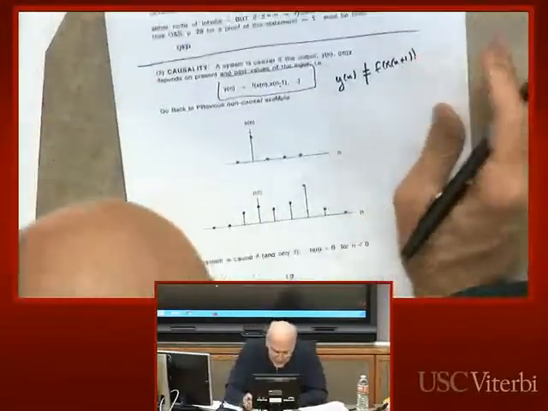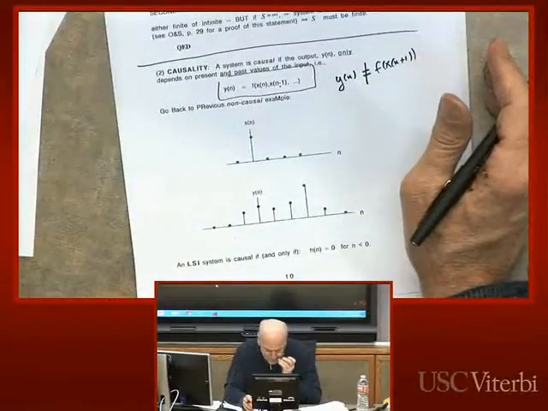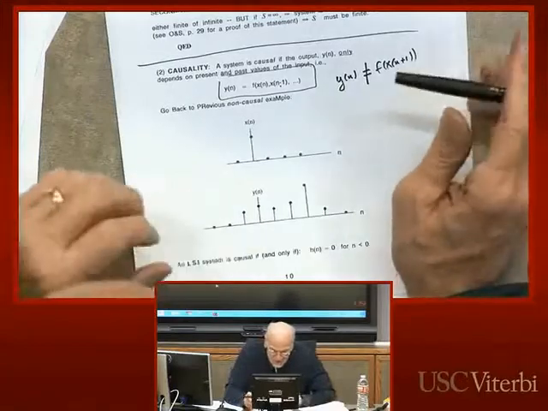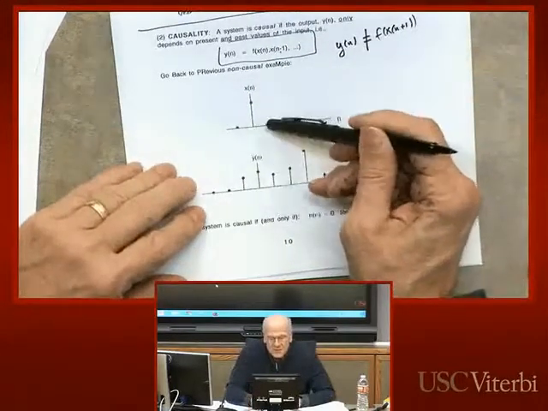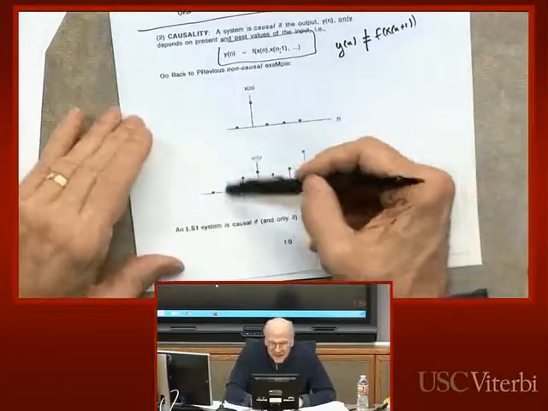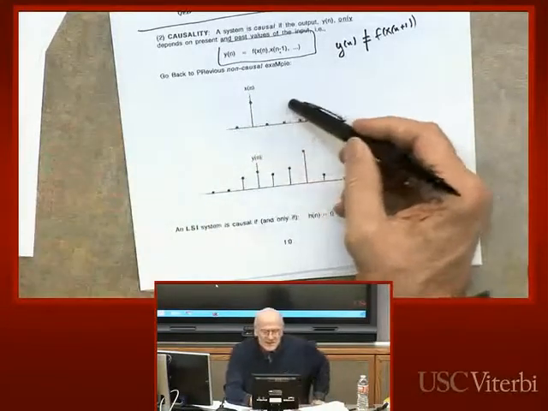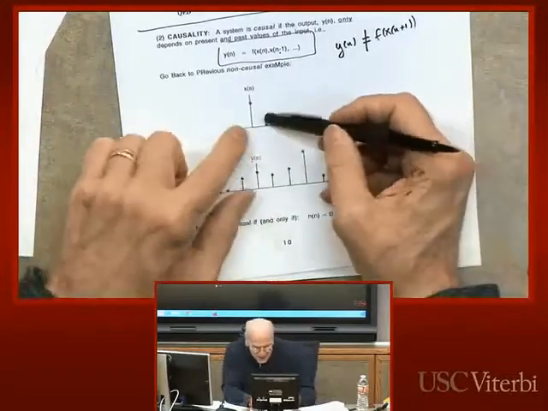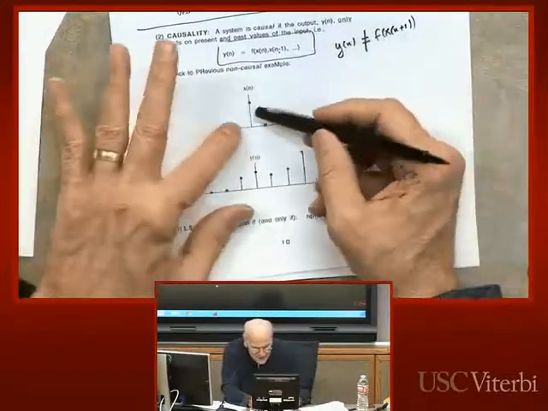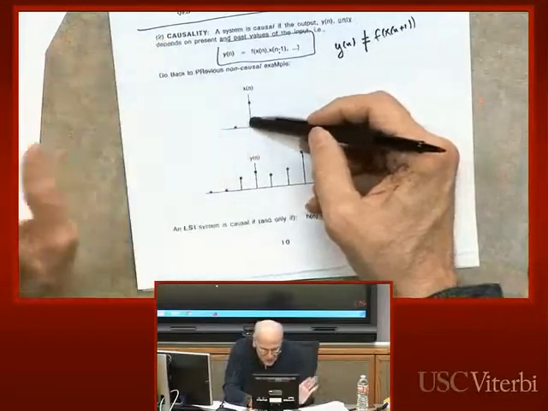This one is a non-causal example because the output of the system, it's like it anticipates. This is my delta function of n, but before n equals 0, everything's 0.